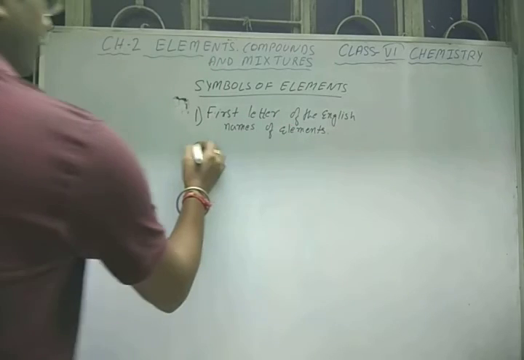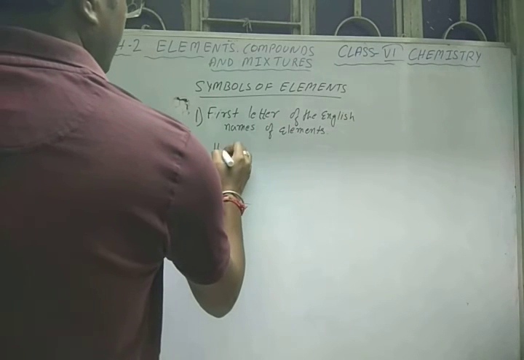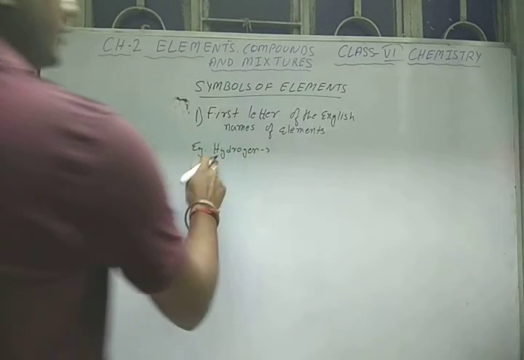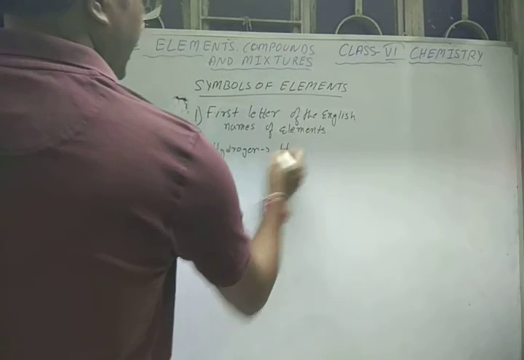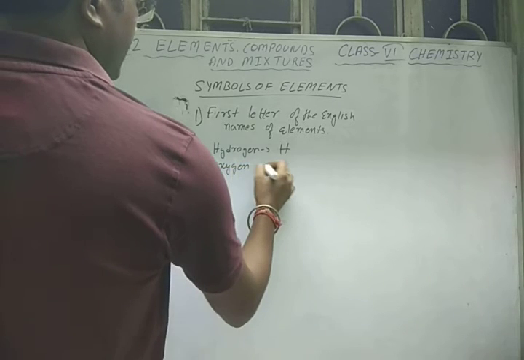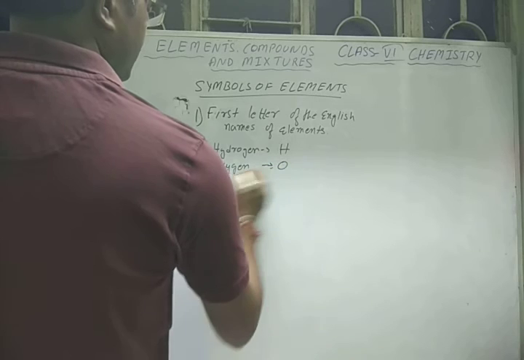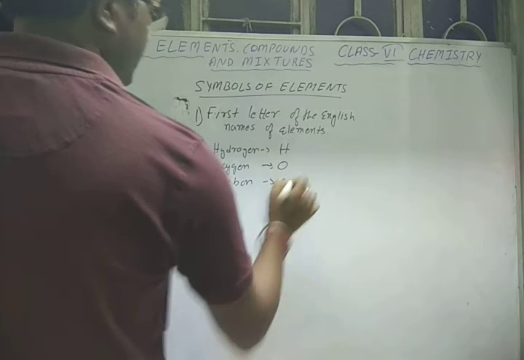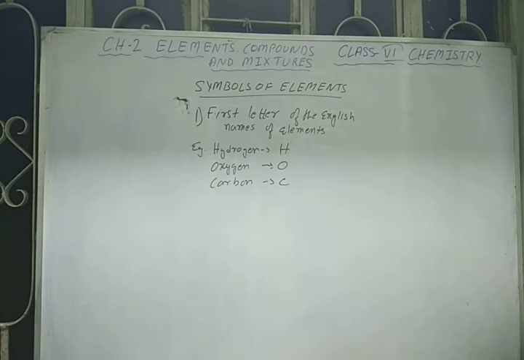For example, if I write hydrogen, the first letter is H, so the symbol is H. Similarly, if I write oxygen, the symbol is O. Similarly, carbon, its first letter is C and the symbol is C. Many examples are also given in your book.